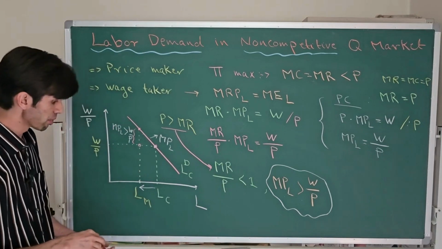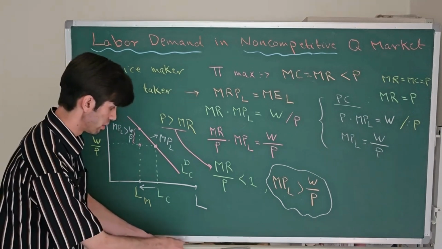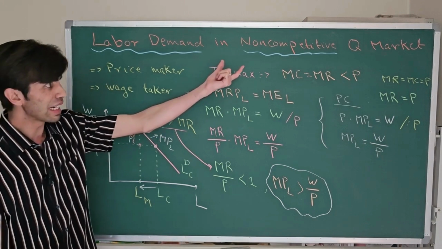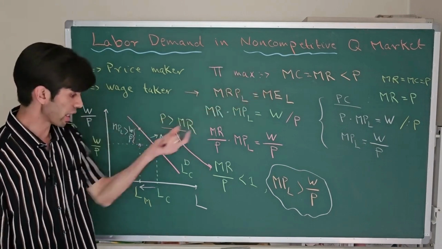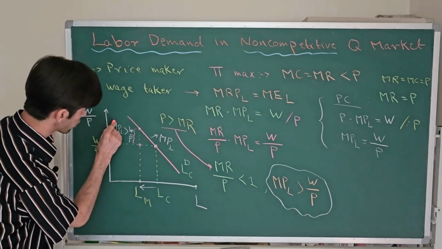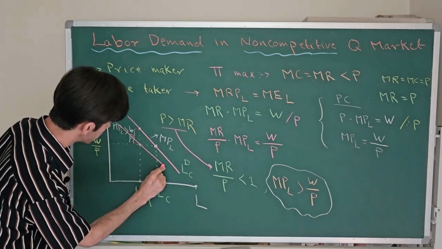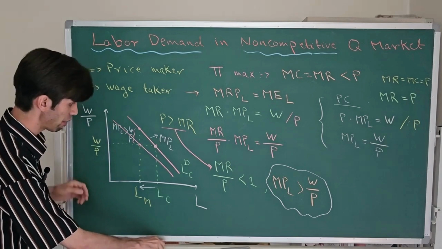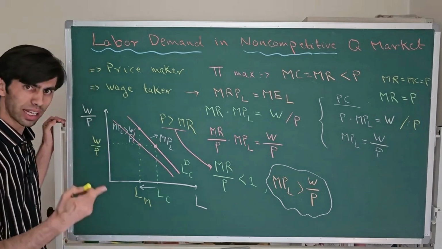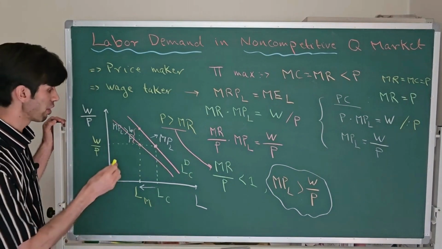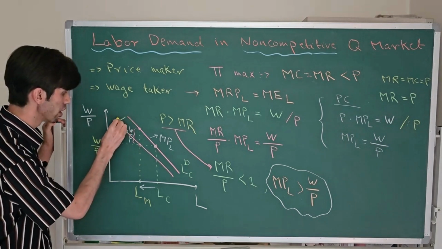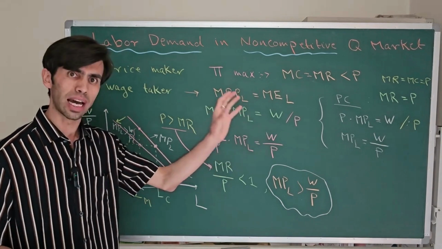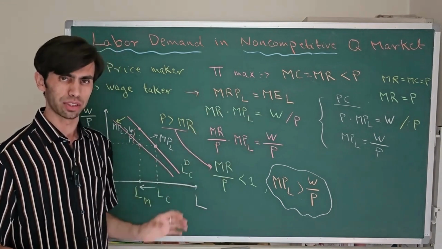So when we draw the labor demand for the non-competitive output market, the labor demand will move from this point. The labor demand for the non-competitive output market lies below the labor demand when both product and input markets are competitive.